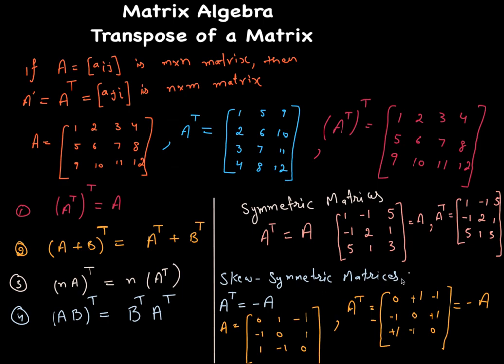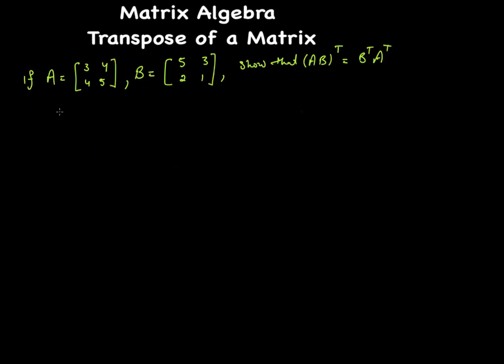Okay, now we're going to do some problems on the transpose of a matrix. So one example we have here is if we have a matrix A and another matrix B, we have to show that the transpose of the product AB is equal to B transpose into A transpose.